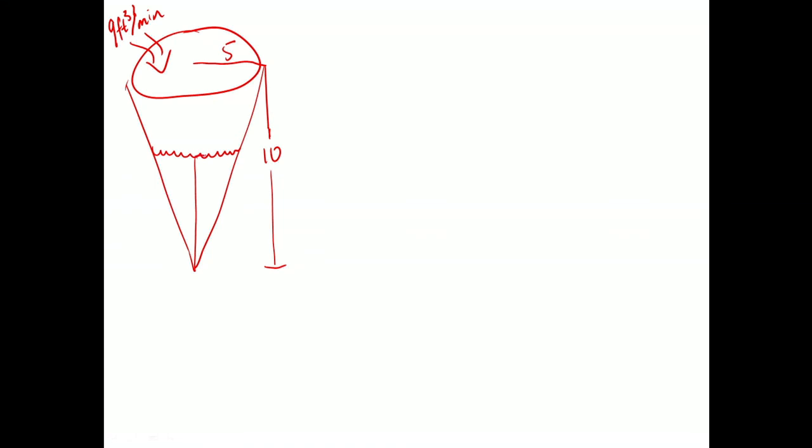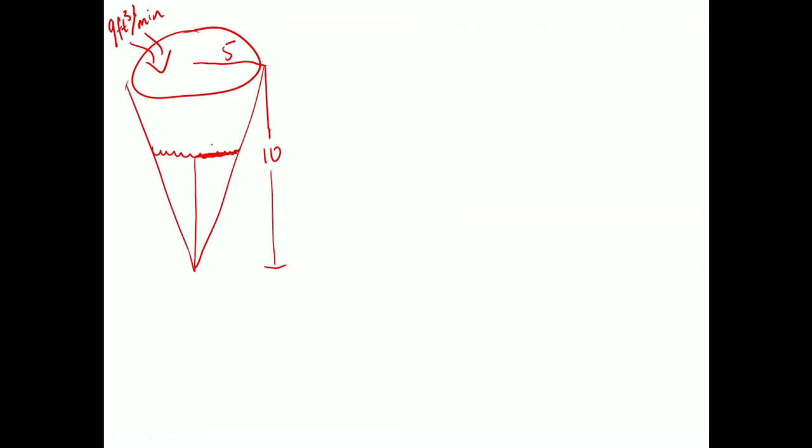And even the radius of the water, which I might just draw with a fat line like that, that's also changing. Because what happens when you fill a cone? The radius of the water level is very small when you start. But as the water level starts rising, the radius of the top of the water is also growing. It's getting wider. So these are both changing.